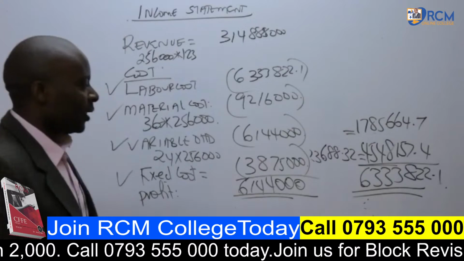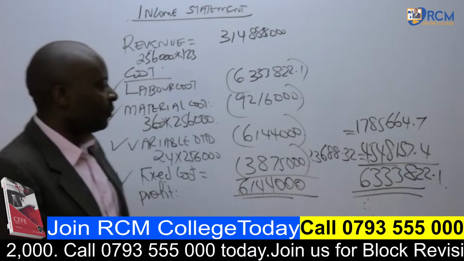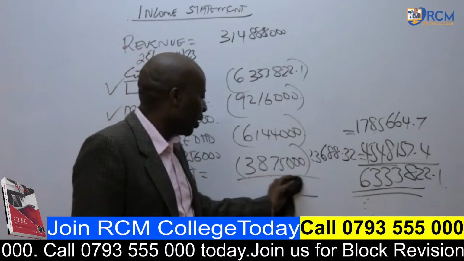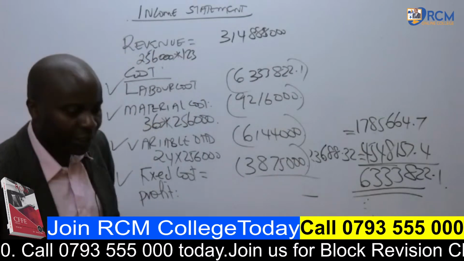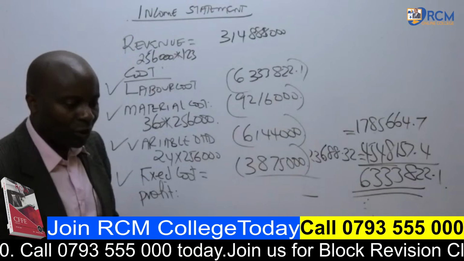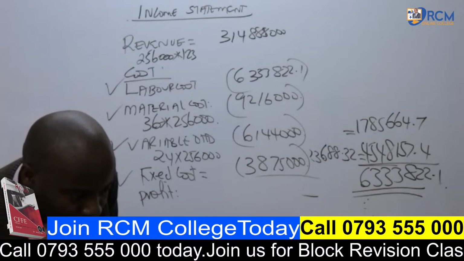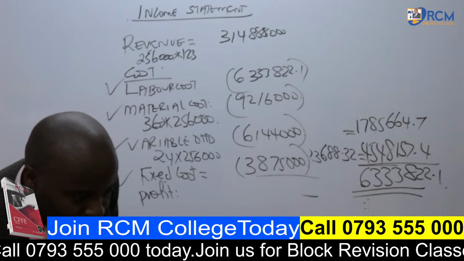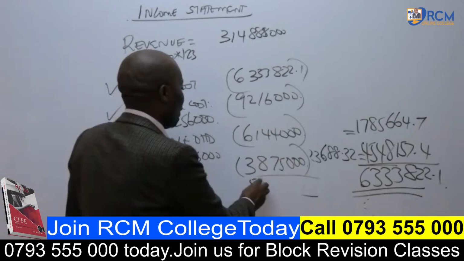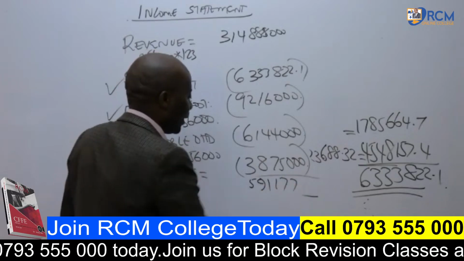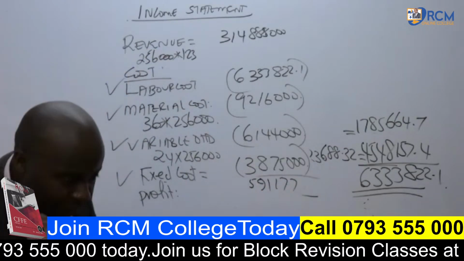Students are giving us a correct profit. They are telling us that the correct profit is supposed to be 591,177.